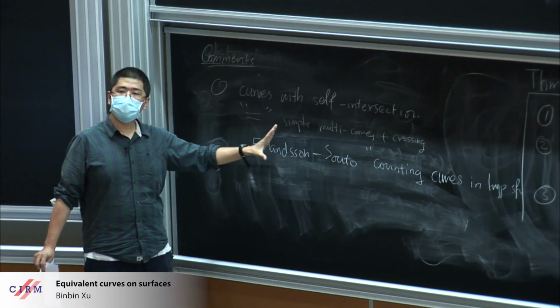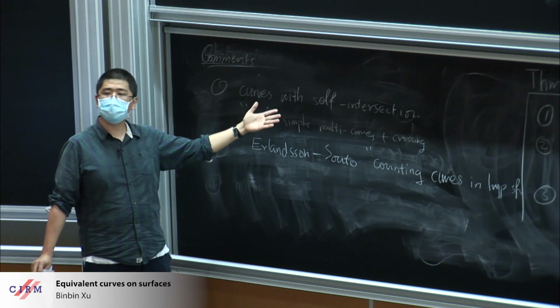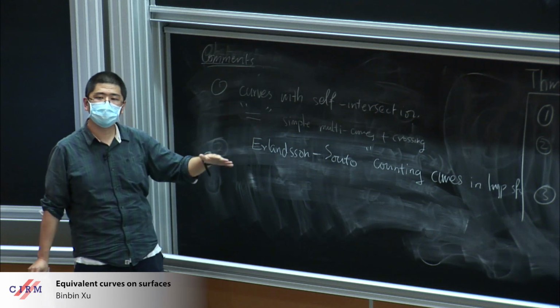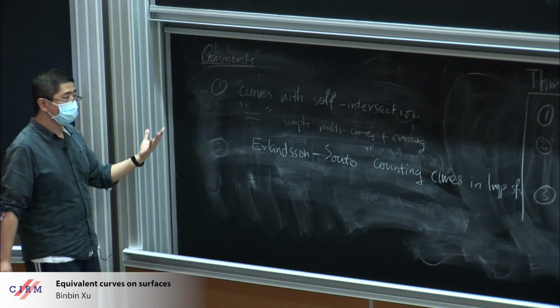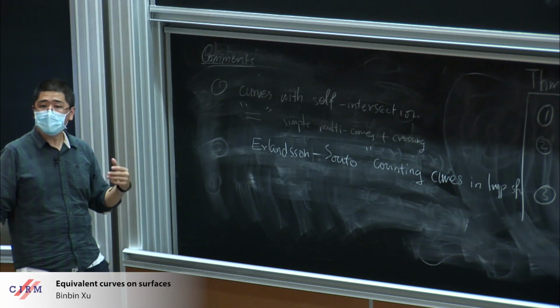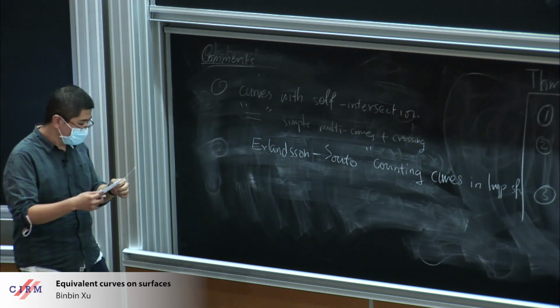This basically tells you there's not much difference from counting the simple ones. So they will have the same growth rate, but with different coefficients. And this result already appeared in one of Mirzakhani's papers, but which used a different idea to prove it. So this is the first one.